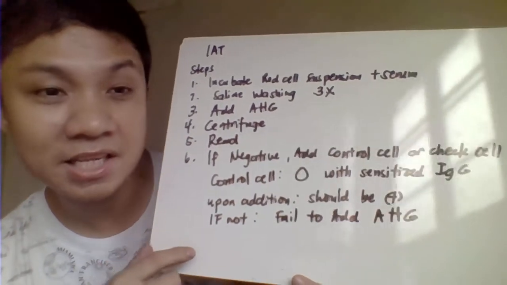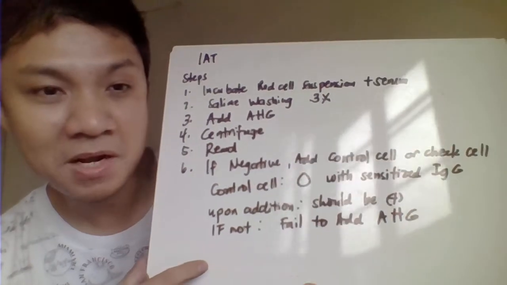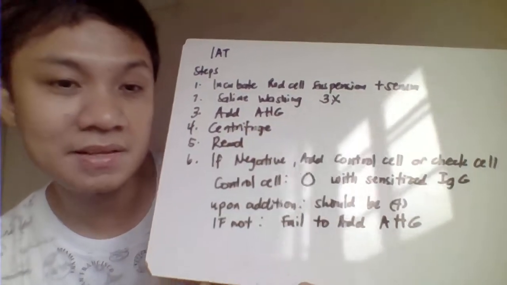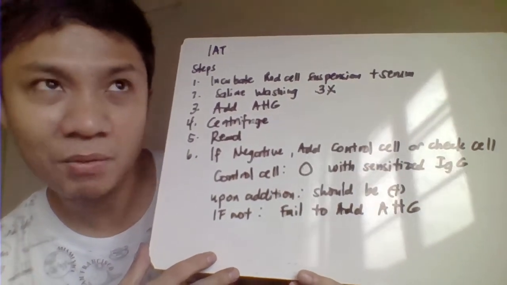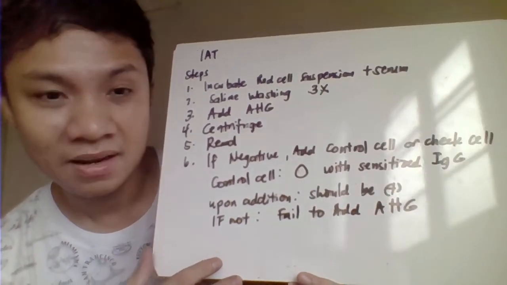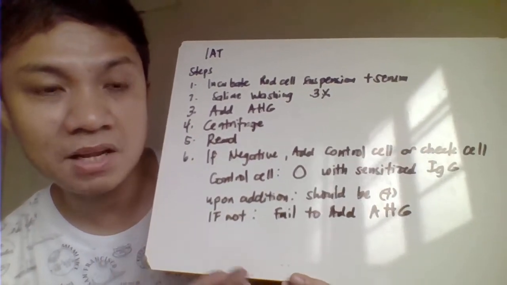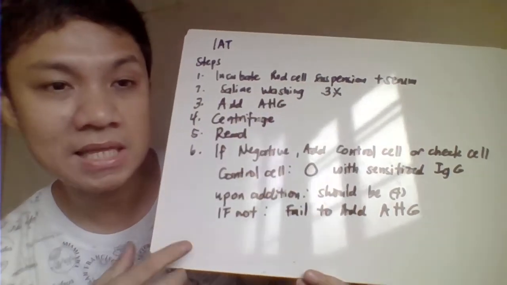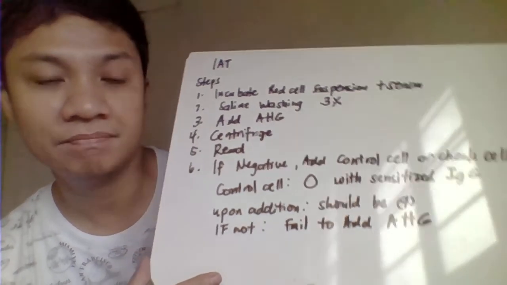But then again, in reality, hindi mo ito malilimutan na i-add ang ating anti-human globulin kasi yellow-green, ay color green ito na anti-sera, or reagent natin. So pag walang green, hindi ako nag-add. But then again, it might be because of that. Second one, bakit hindi pa rin siya nag-positive? It's because inadequate ang washing natin. It might result in the neutralization of your anti-human globulin. Okay, thank you.